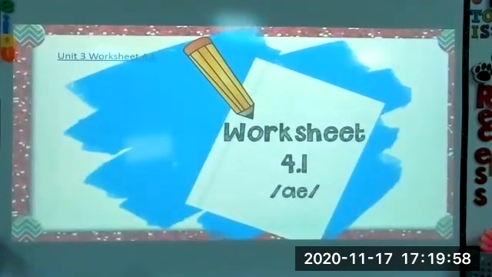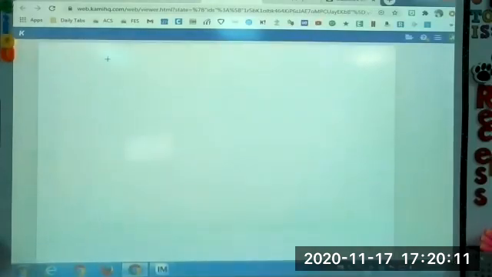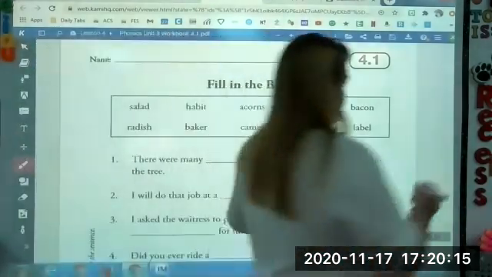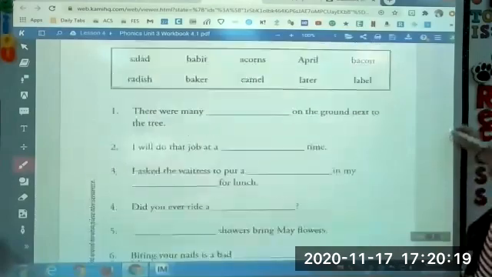All right, so you have a worksheet to do today, and you're going to do this independently on your own. Okay, so you have 9 sentences.